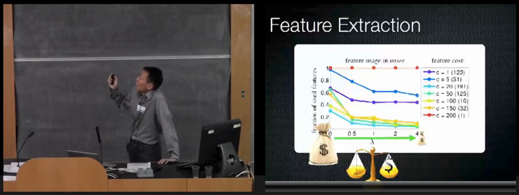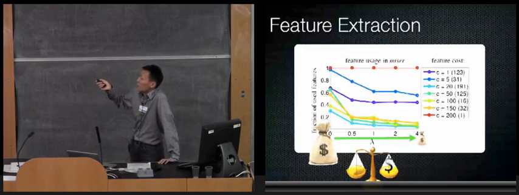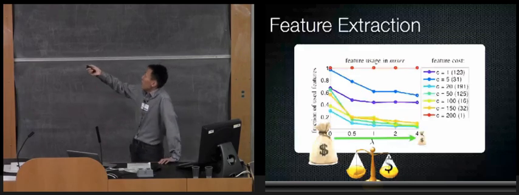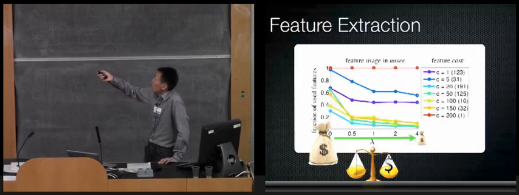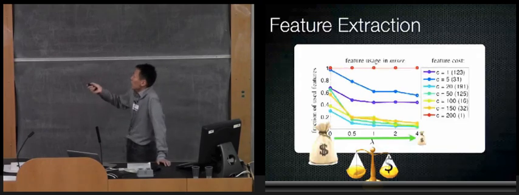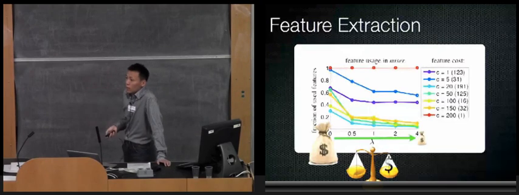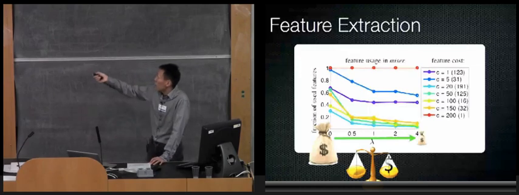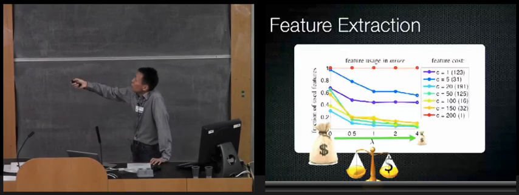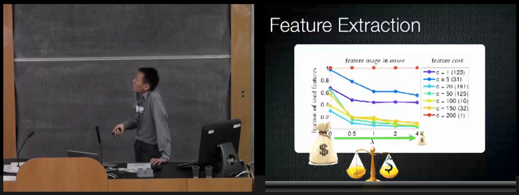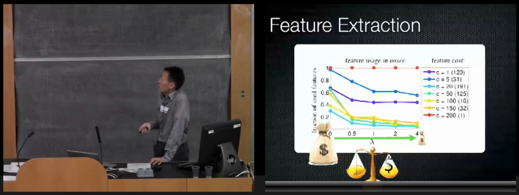Well, we analyzed the features extracted by the Greedy Miser, and we grouped our features by their feature cost, and the numbers in parentheses indicate how many features are in that group. The y-axis is the fraction of used features. Like 0.4 means 40% of the features are used by the Greedy Miser, and the x-axis is the budget.